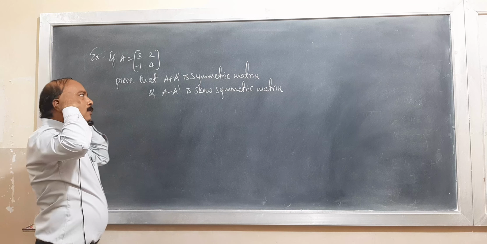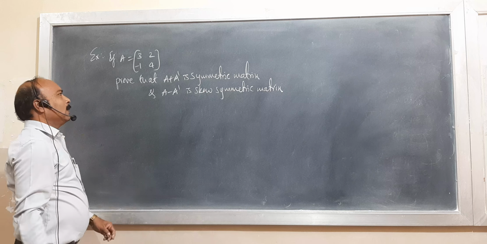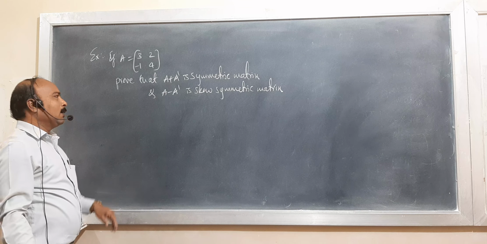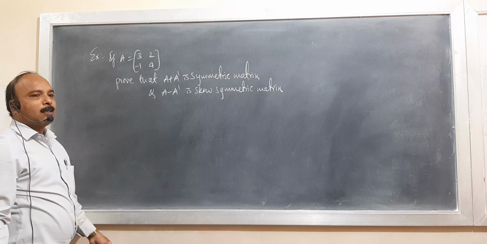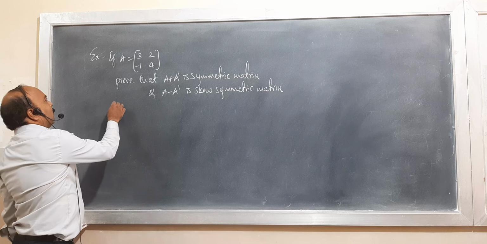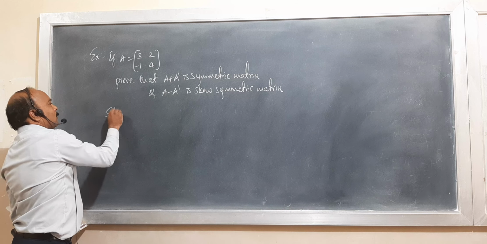Now we can prove first one, A plus A dash is symmetric matrix and A minus A dash is skew symmetric matrix by using matrix A.